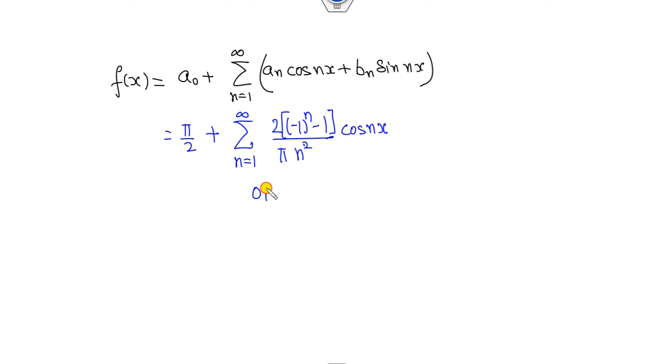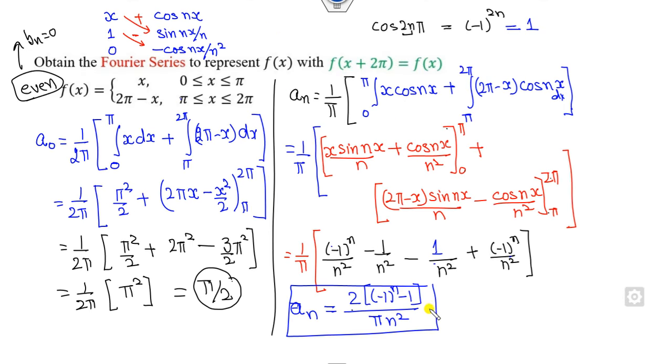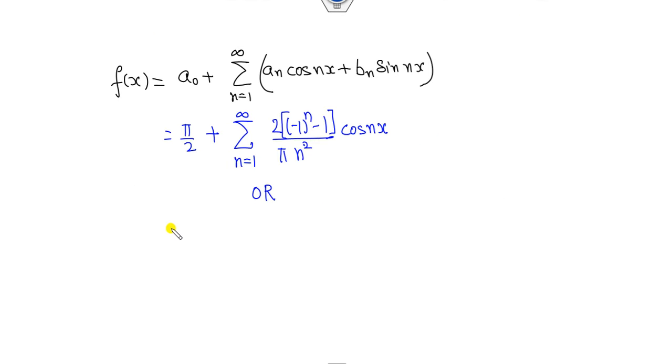Or because we all know this quantity, you have two cases. Fine. One case is when n is even, and the other when n is odd. So clearly when n is even, this value will be 0 always. When n is odd, this number will be minus 4 over pi n square, because this number will be minus of 2. Or you can write this quantity as pi over 2 plus, n is odd.